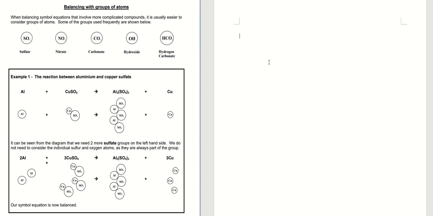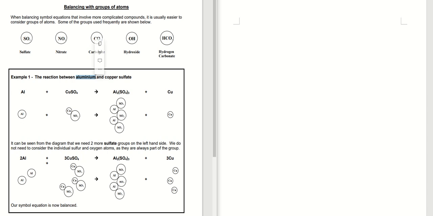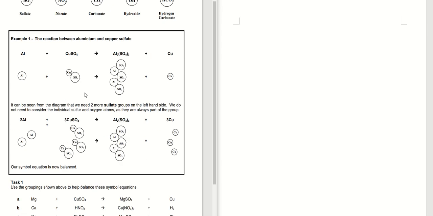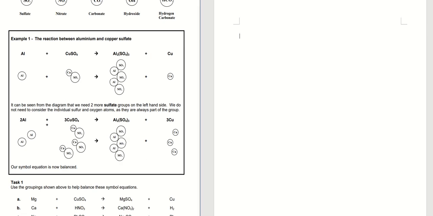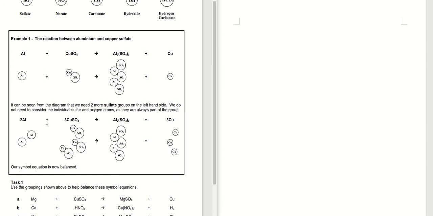If we have a look at the diagrams here, we have a reaction of aluminium with copper sulfate. Now the formula for copper sulfate is CuSO4. Okay, so that's the actual chemical we're dealing with. And then we get the bonding here.